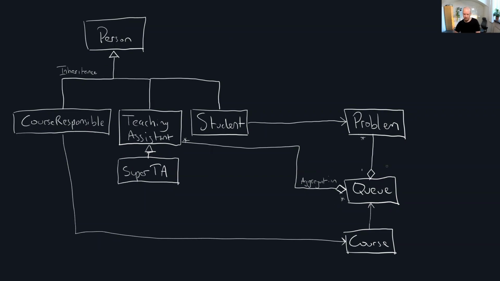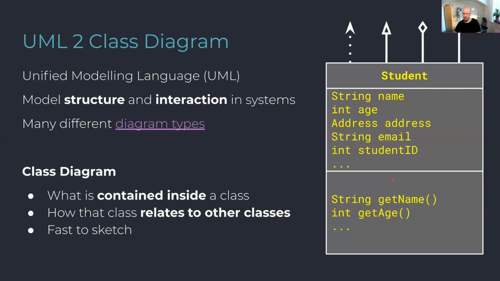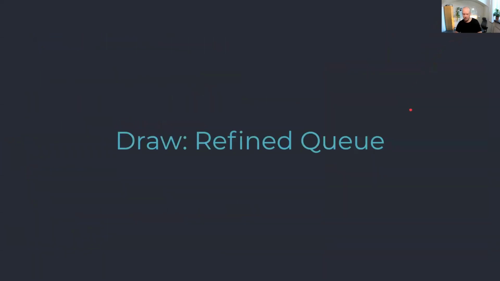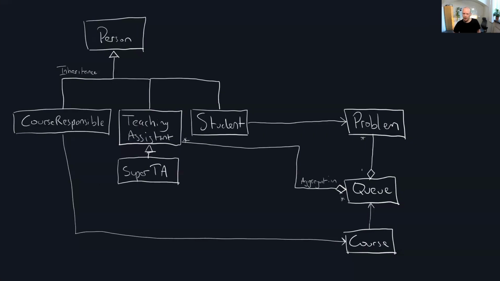There was one last arrow. If I just go back and remind us, we had these 2 diamonds, an open diamond and a closed diamond, which can make things super confusing. The closed diamond is composition. This is the idea that if we destroyed this queue, if we deleted or removed it, then we would expect all the problems to disappear because they were all created within that queue.